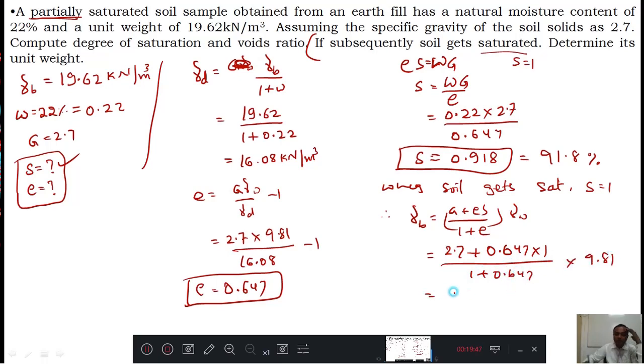The answer is 2.7 plus 0.647 divided by 1.647 into 9.81, which is 19.93.